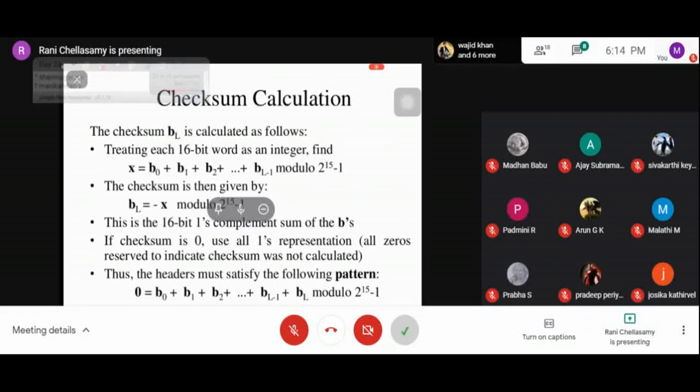After that, we have to take the ones complement of the sum. That is going to be the checksum. That is represented here. See here, ones complement of the sum of the D. That is your checksum value.